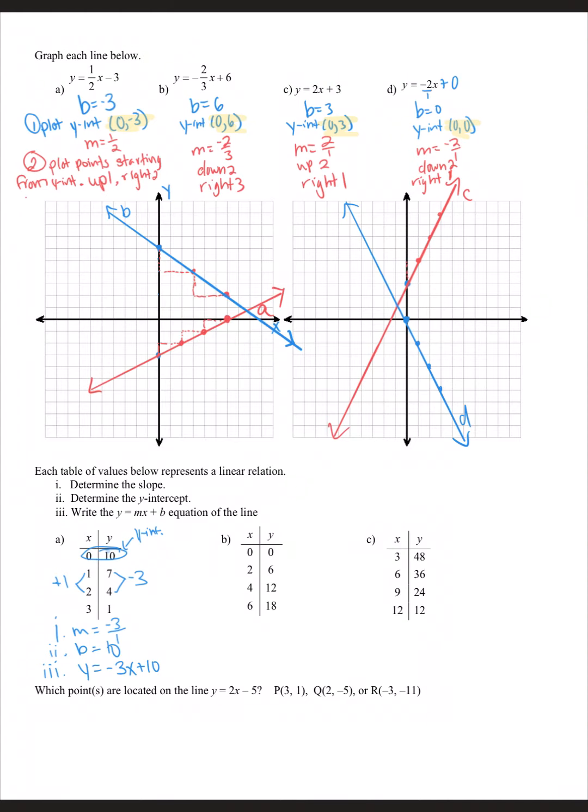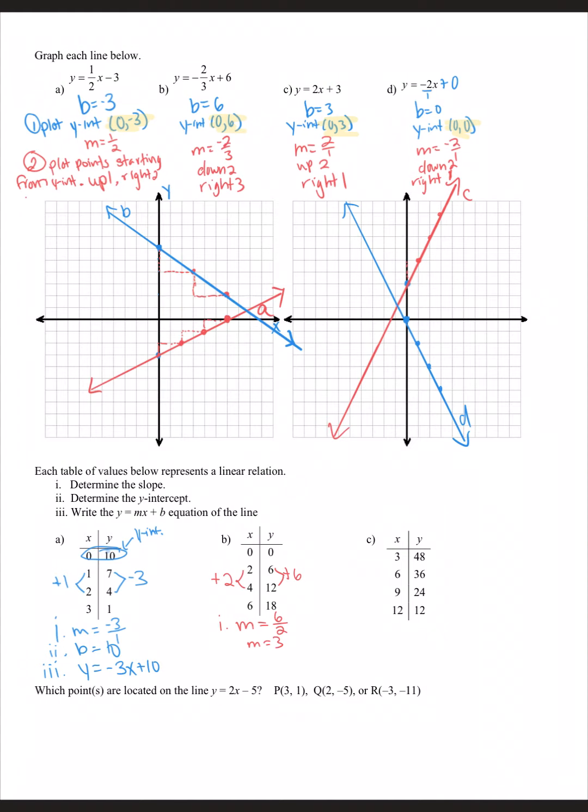Okay, take a look at your next one. Again, if we take a look at any two y values to figure out our slope, looks like it's going from 6 to 12 here, so that's an increase of 6, as my corresponding x values are going up by 2. So my slope is going to be a positive 6 over a positive 2, or m is going to equal 3.